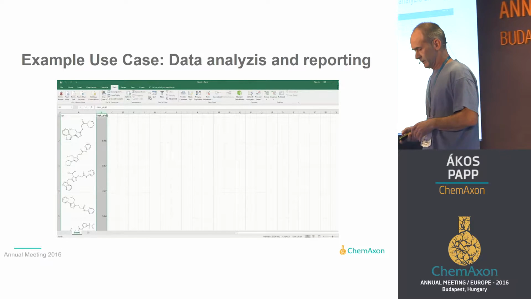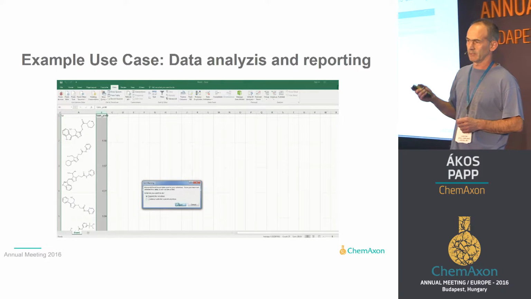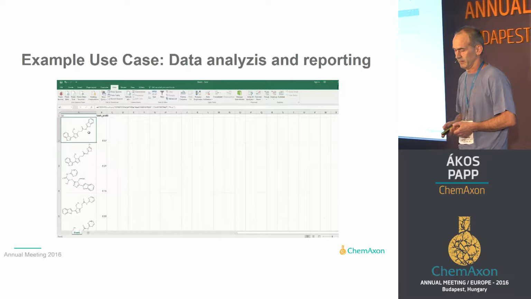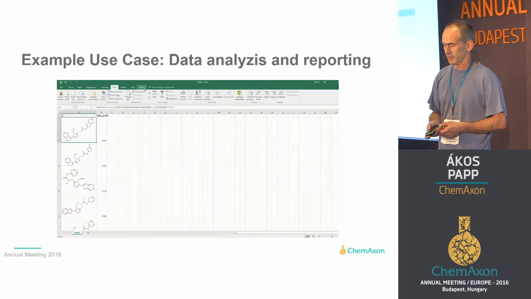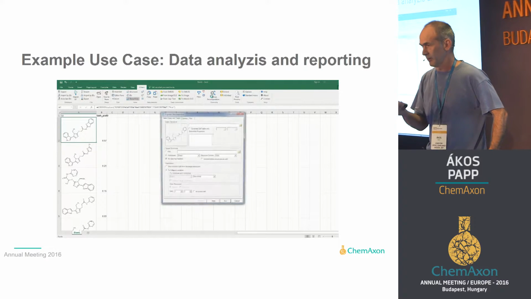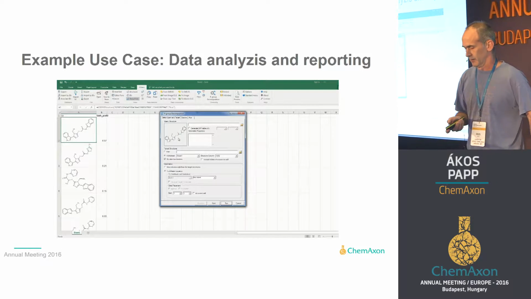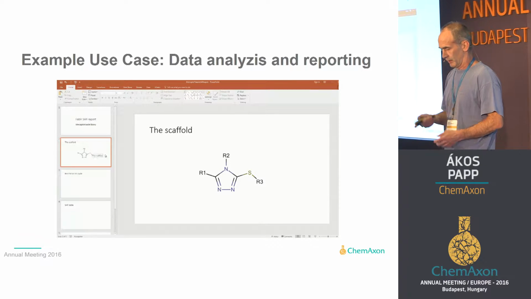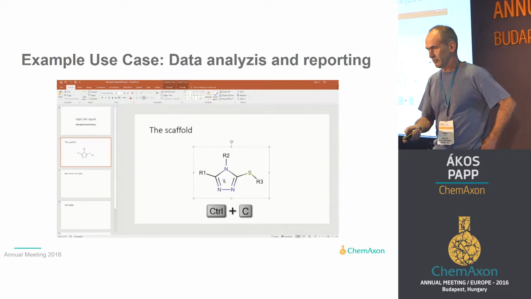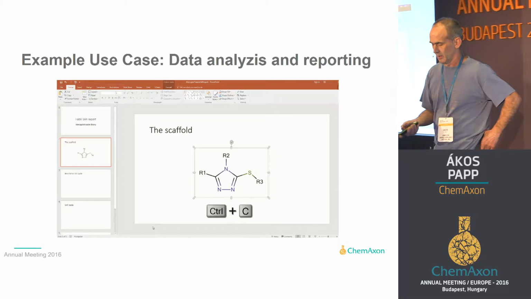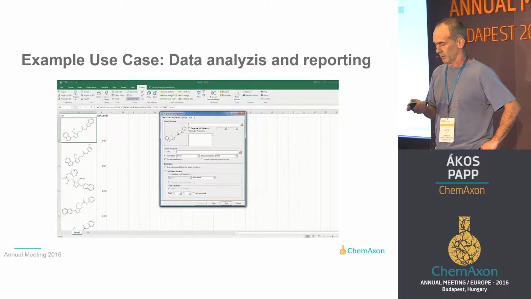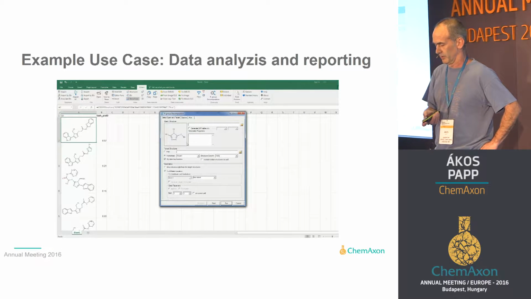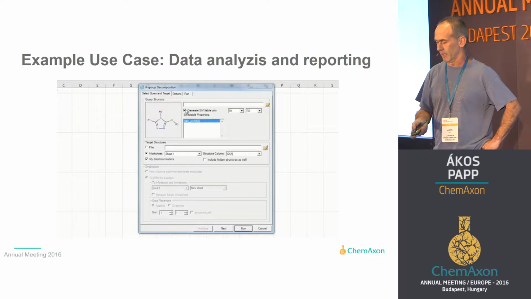I want to sort it to have the best activities at the top, and then I just create an SAR table. I want to analyze these FabH activities. So I go to a prepared report where I have the scaffold. I just simply Control-C, Control-V it into my SAR R-group decomposition.